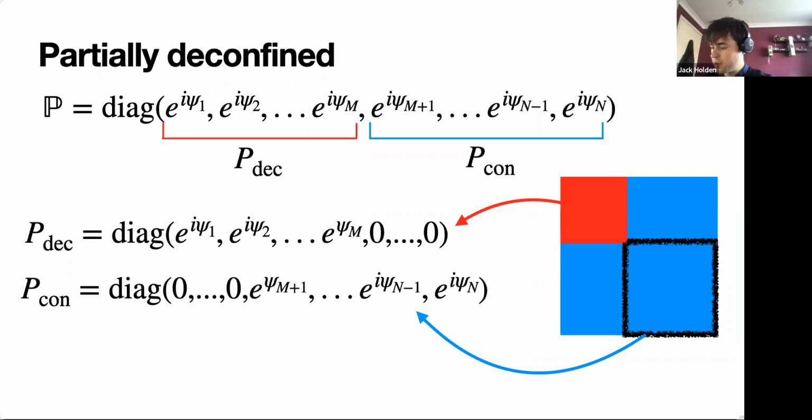Whereas in P-con, we have the converse, where we project out the deconfined subsector, and we're left with an object expressed only in these confined eigenvalues.